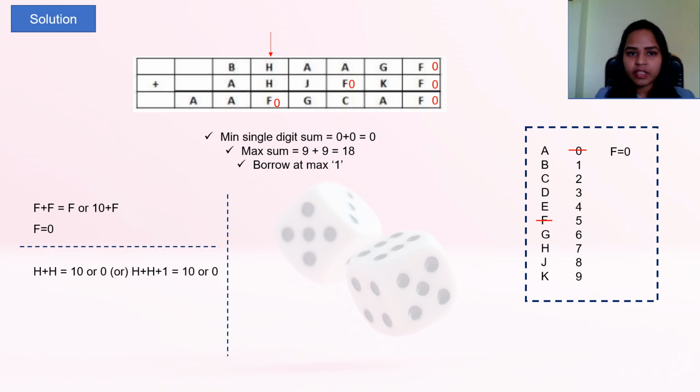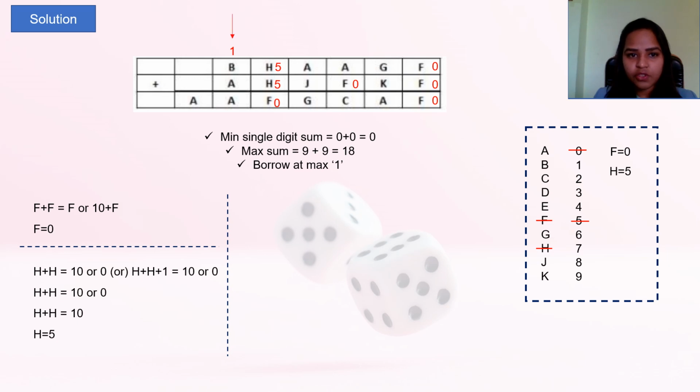So there's no carry and H plus H is equal to 10, meaning H is equal to 5. Because H plus H is equal to 0 is not possible because we already have F as 0. Right? So I cancel H and 5 and I place 1 here as carry.